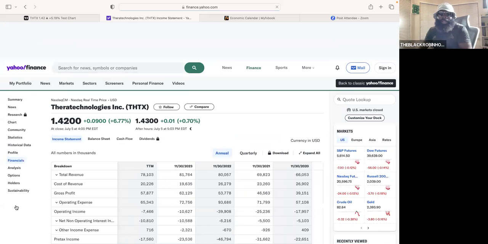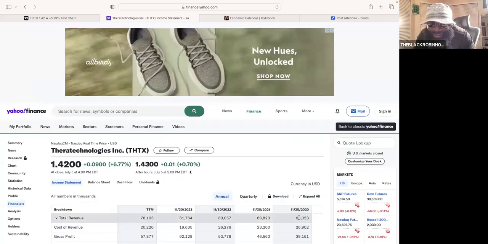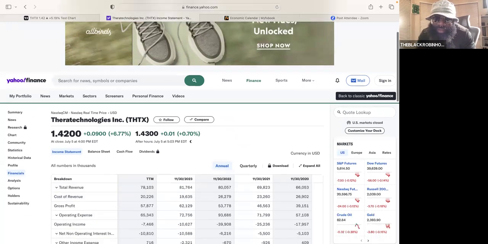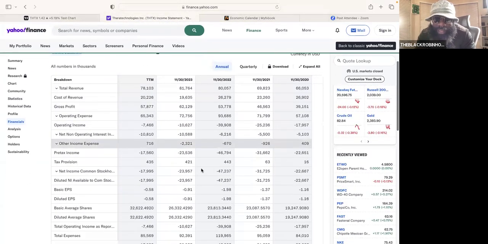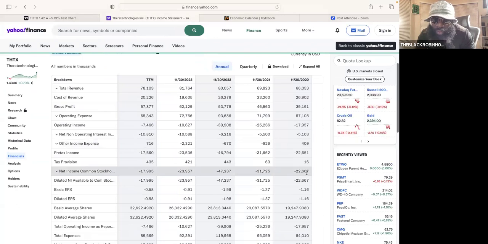Financials. Total revenue 2020, 66 million, then 69, then 80, then 81. And then trailing 12 months, 78 million. Net income: 2020, they lost 22 million. 2021, they lost 31 million. 2022, they lost 47 million.